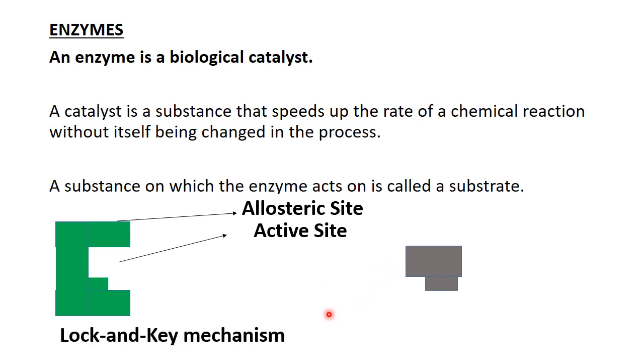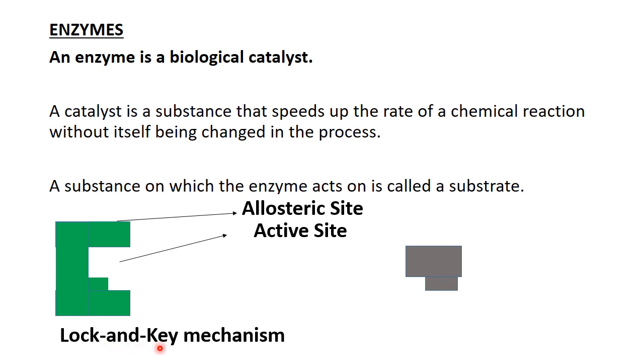By the way, I'm going to explain the lock and key mechanism. In the lock and key mechanism, for us to understand how an enzyme and the substrate work, the enzyme acts like a lock and the substrate acts like a key.